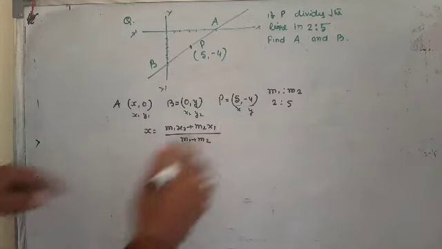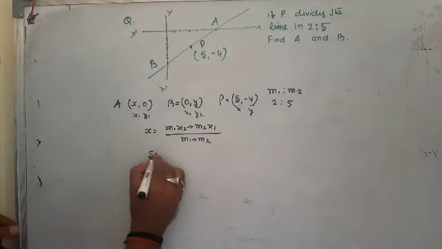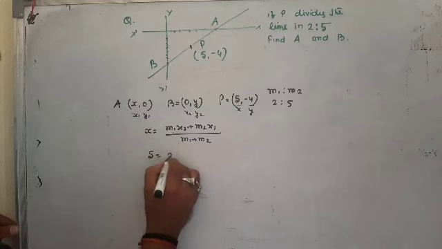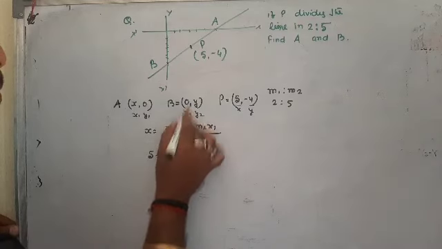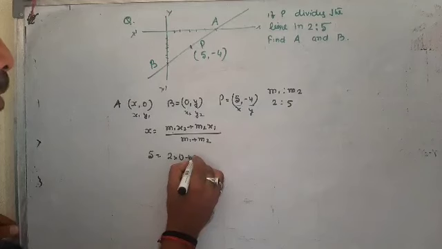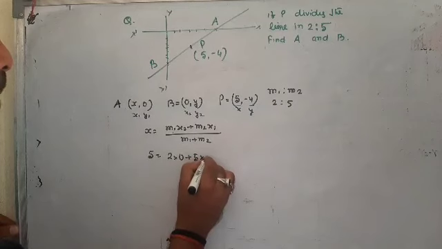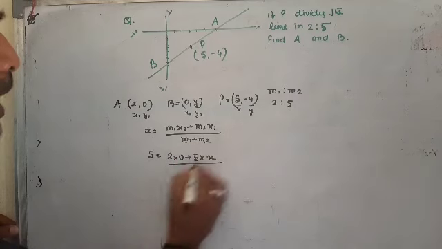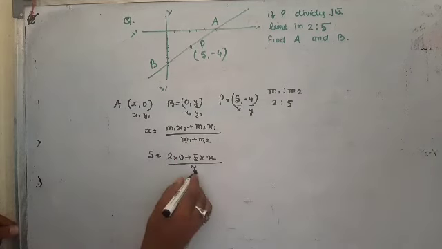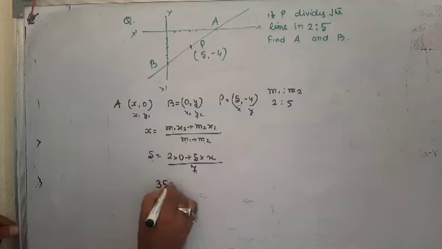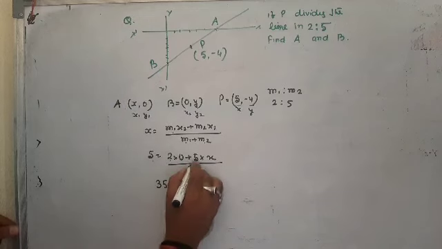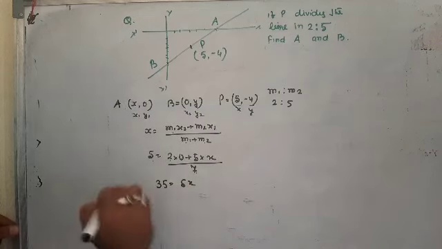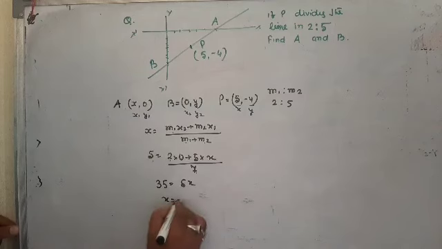So x means 5 is equal to (m1 2 into x2 0 plus m2 5 into x1 x) by (m1 plus m2), that means 2 plus 5, 7. So cross multiply, 7 into 5, 35 is equal to 2 into 0, 0, plus 5 into x, 5x. So x is equal to how much? 7.